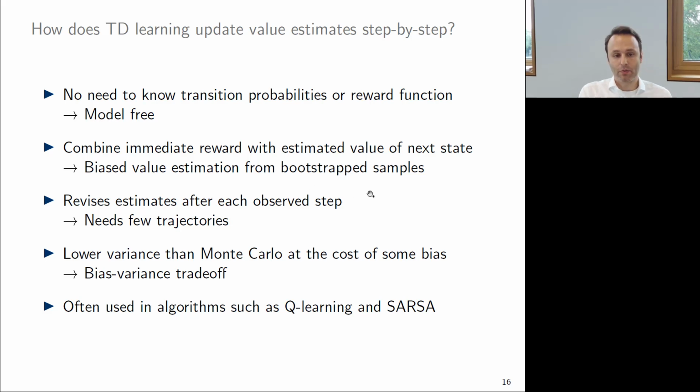The advantage is we revise in each step and we get more observations, so we need fewer trajectories, but there is still a bias variance trade-off compared to Monte Carlo. However, temporal difference learning or TD learning is used very often in algorithms such as Q learning or SARSA.